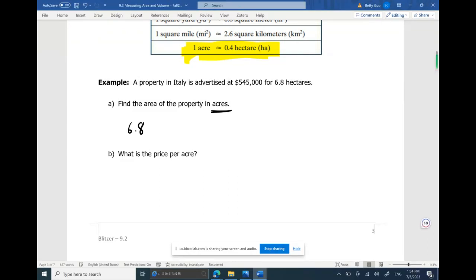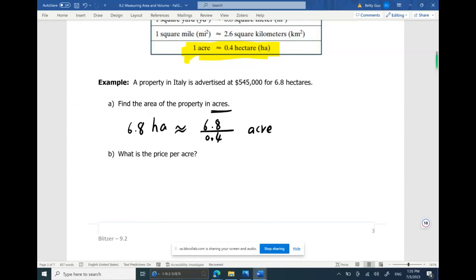Acre is a smaller unit. Okay, so 6.8 HA, we go from that to acre. Acre is a smaller unit, so we want the number in front to be bigger. Okay, so how do we use 0.4 to get a bigger number? Use your calculator. If you multiply 6.8 by 0.4, you will get a smaller number.